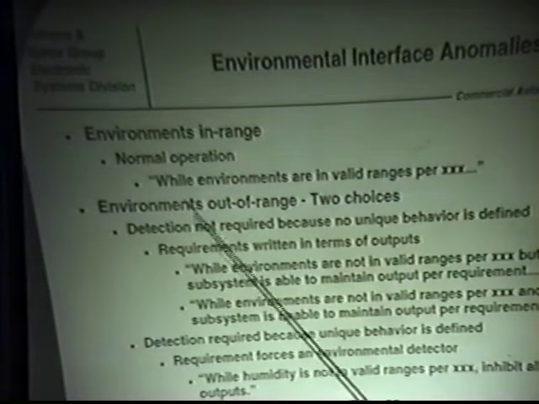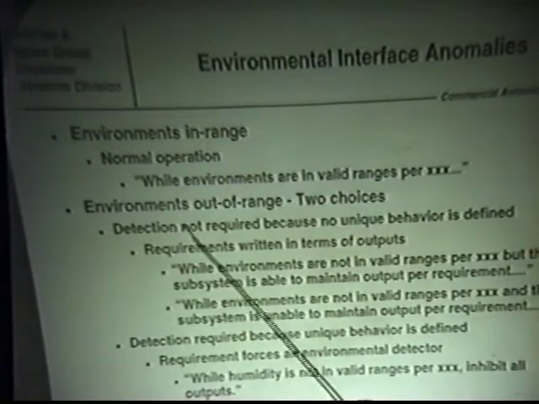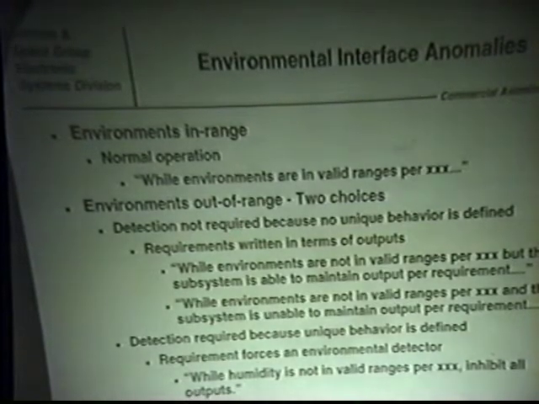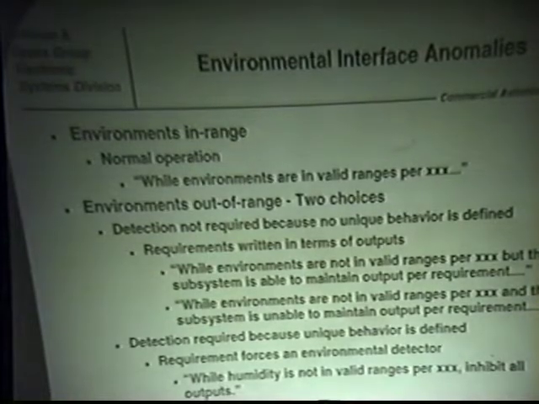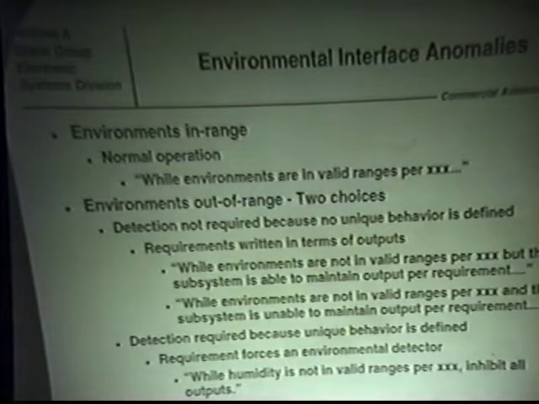However, when they go out of range, we generally have two choices. Either we don't really care to detect the specific environment because we're not going to do something based on the value of the environment, but we want to make sure that our system behaves correctly under all conditions.